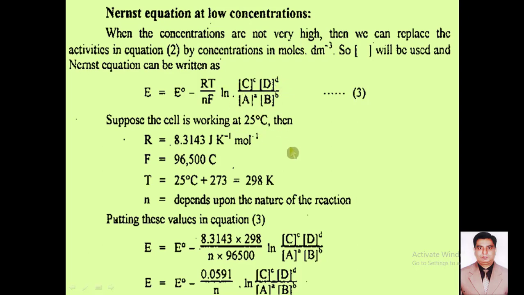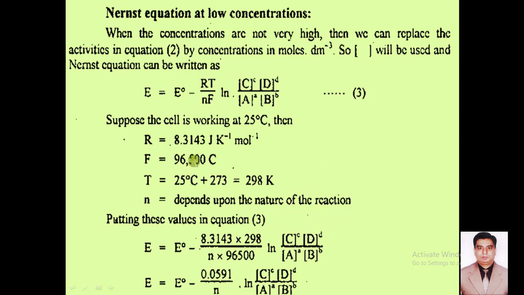Dear students, suppose this cell is working at 25 degrees centigrade. Then the value of universal gas constant R is 8.3143 joule per Kelvin per mole. The Faraday constant is 96500 coulomb. Temperature is 25 degrees centigrade, and in Kelvin it is 298 Kelvin, while n depends upon the nature of the reaction.